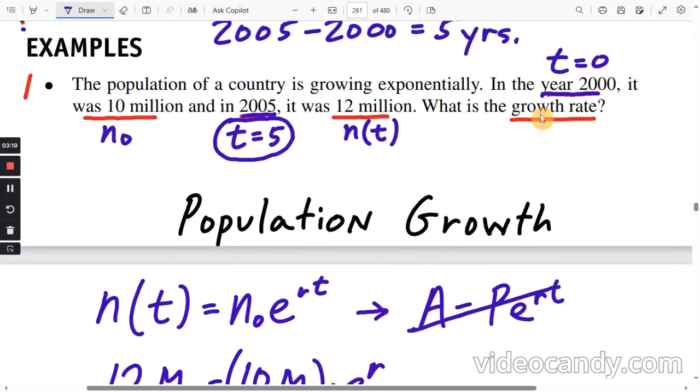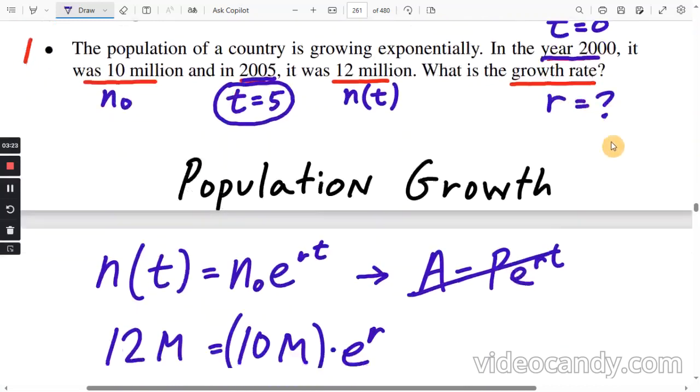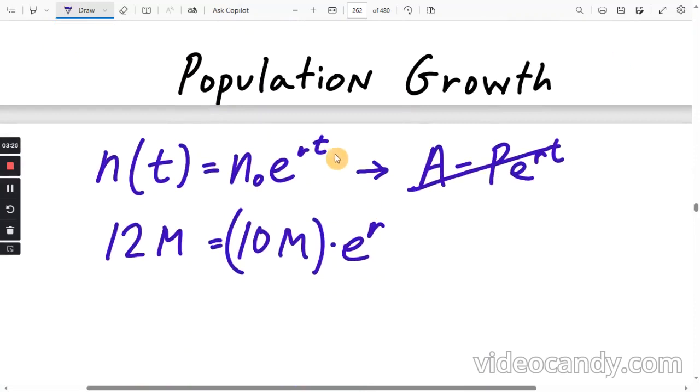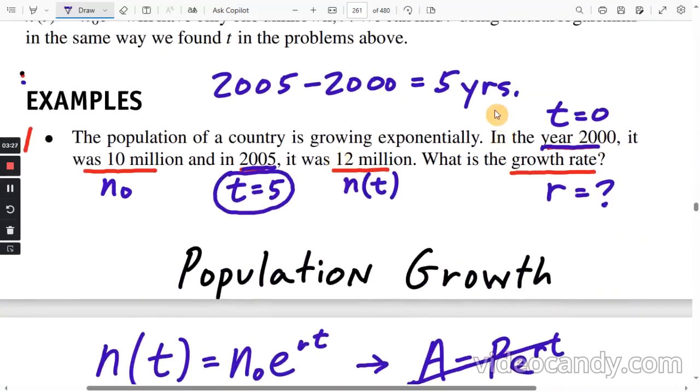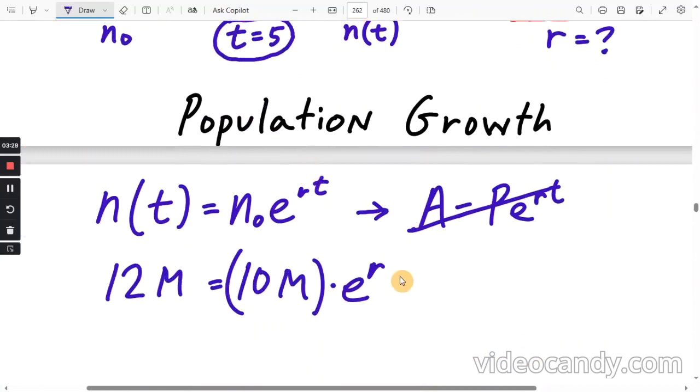They asked for the growth rate, so r is what we're looking for. The exponent is r times 5, or 5r.